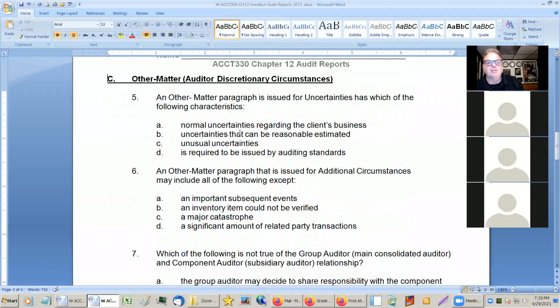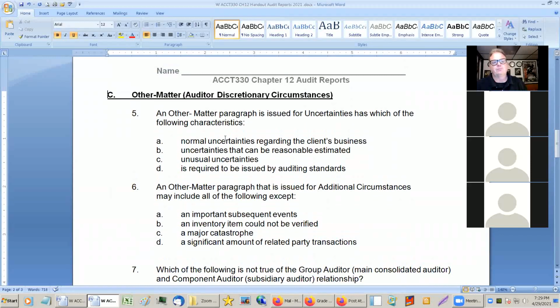Okay, other matters. And other matters, first of all, should be formatted better. But other matters are ones that the auditor has discretion over. What that means is these are things that the auditor can choose to put in the audit, to tack on a separate paragraph or not.